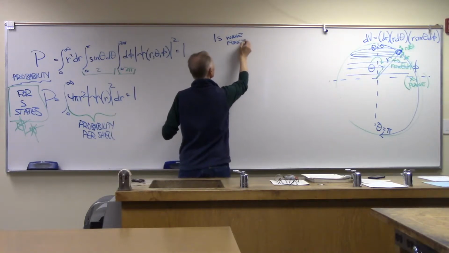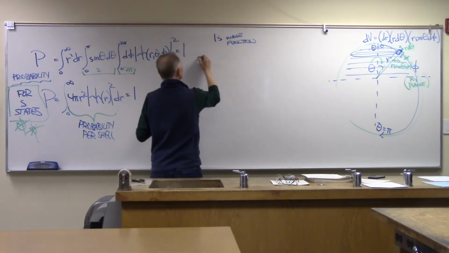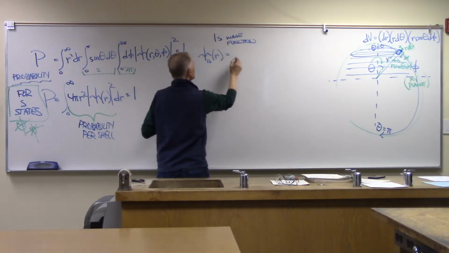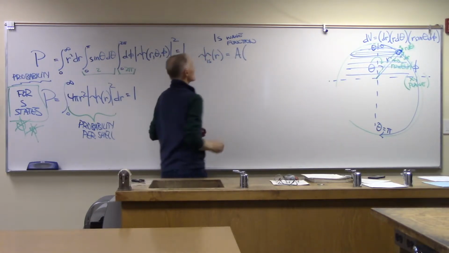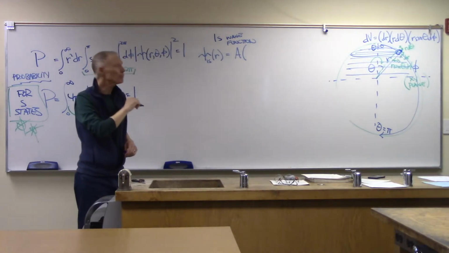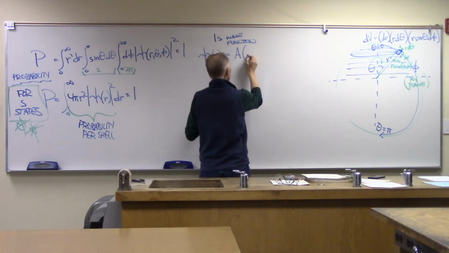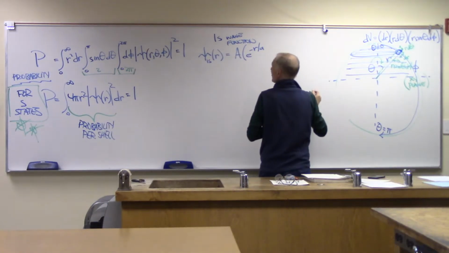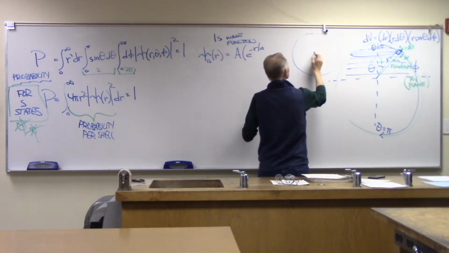So we have started looking at the 1s wave function. We said that it has a normalization constant that we're going to write as a, and then it drops off exponentially. So, we've got a hydrogen atom here.